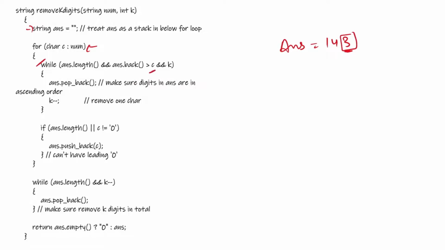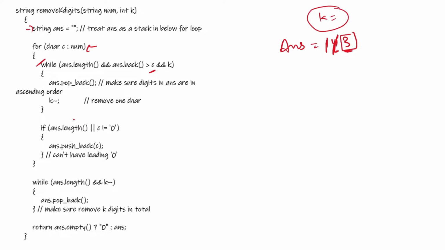If it is greater than the current character, for example right now this 4 is greater than 3, and I have k, that means I can remove a number, so I will remove this 4 and decrease k by 1. I will keep doing this until I find a number which is smaller, like 1, and then I will not delete further.